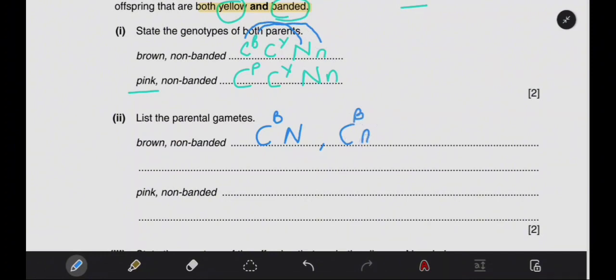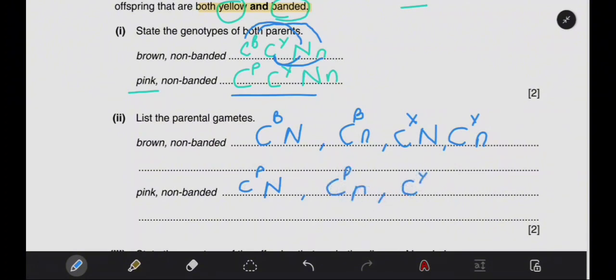CB, small n, this is the second gamete. Now shift on to CY. Take CY and capital N, so CY, capital N, that's the third, and CY and small n. These are the 4 gametes. And repeating the process for this one as well, you will have CP, capital N, CP, small n, CY, capital N, CY, small n.